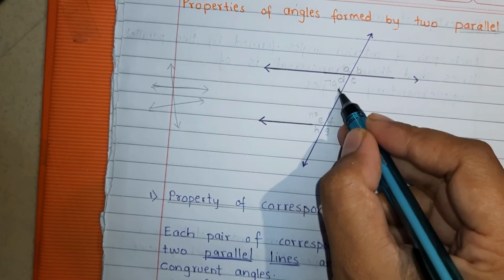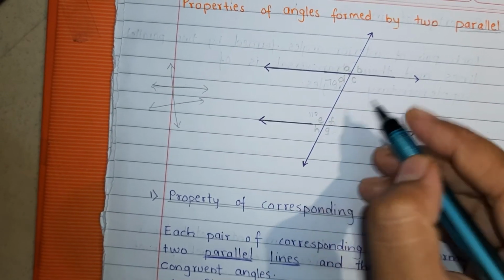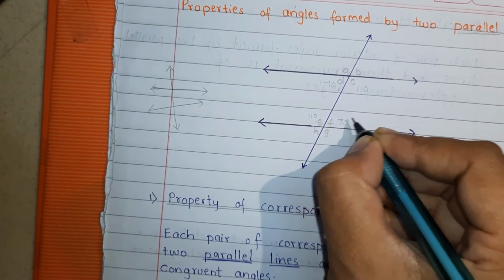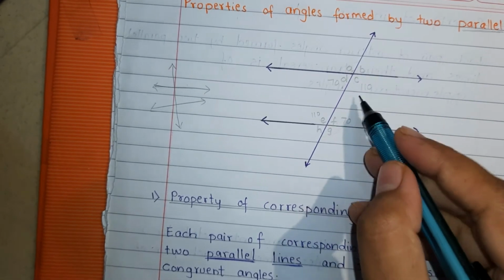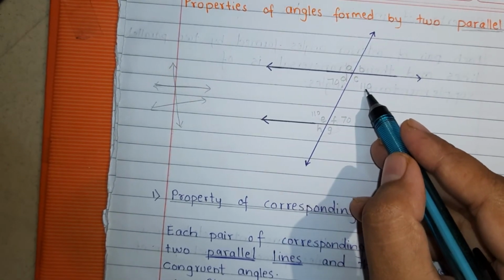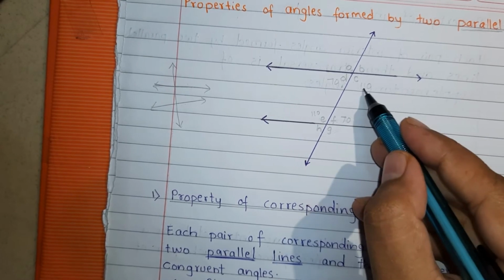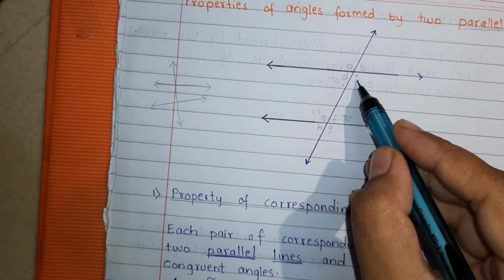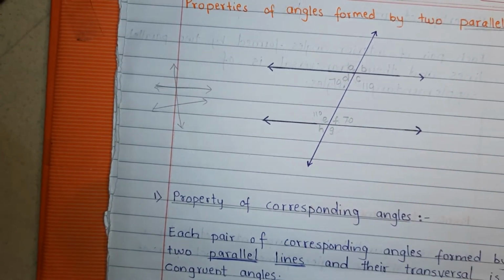Means D and E are supplementary. Then C and F, this is 110 degrees, this is 70. Means these two are also supplementary because their addition is 180 degrees. Interior pair of angles are always supplementary.